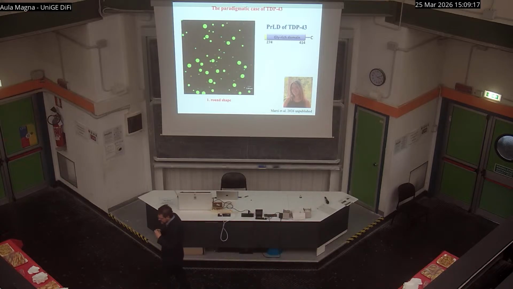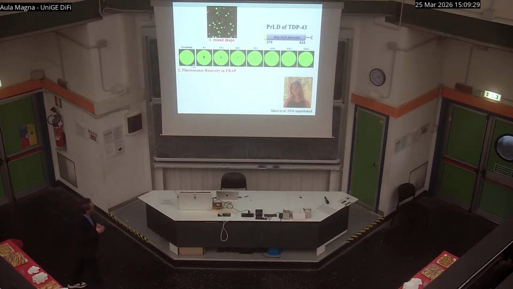They are phase separated TDP43. Of course, the question is whether they are liquid, because if you see assemblies of this type, they might well be solid. So the round shape is an evidence because of the surface tension. They are round, but another evidence that they are liquid, we used fluorescence recovery in FRAP.